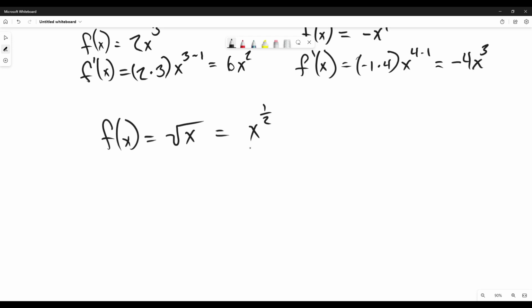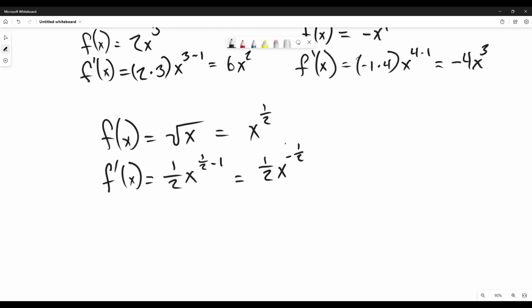So if it's x to the 1/2 power, and we're solving for the derivative, f prime of x equals, we have x and we have 1/2. So we're going to multiply by the 1/2. So we have 1/2 x to the 1/2 minus 1. Now what that's going to equal is 1/2 x to the negative 1/2 power.